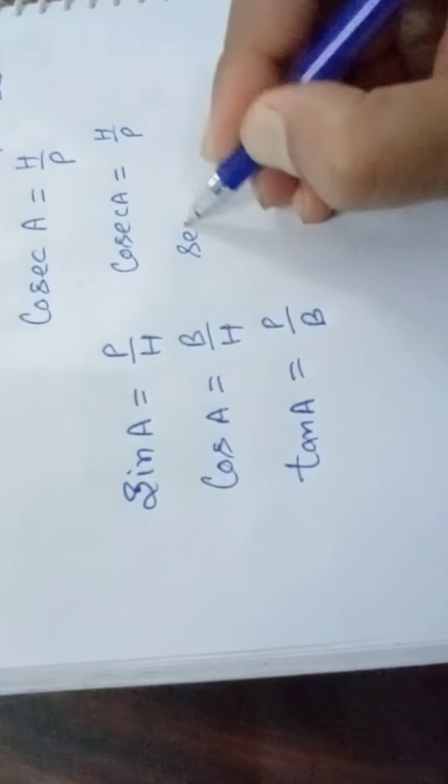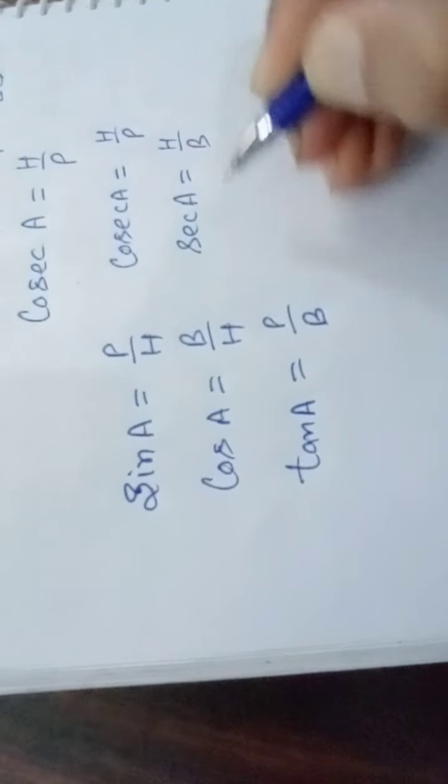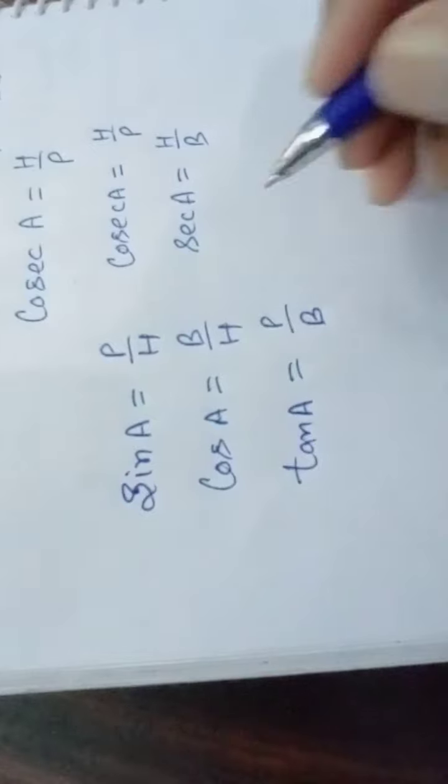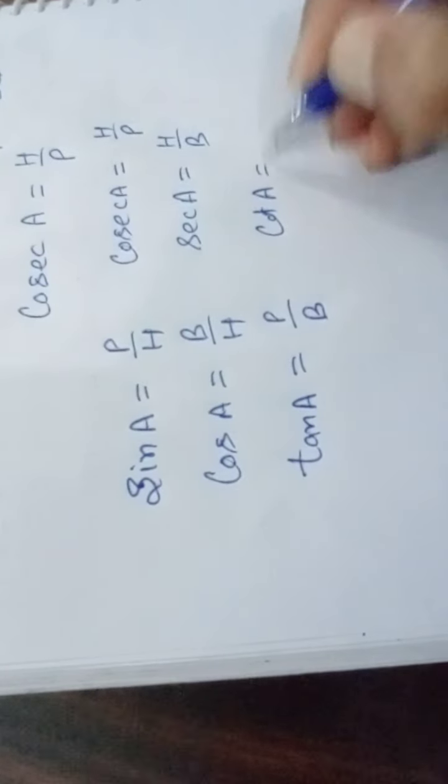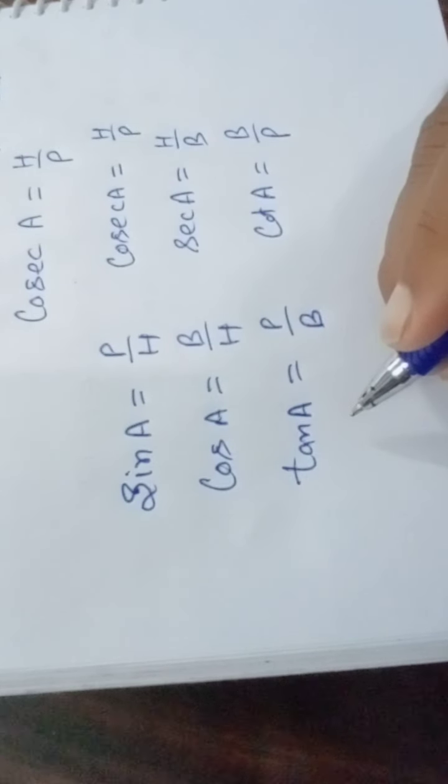And sec A is what? H by B, it is reciprocal of cos A. And cot A is equal to B by P, it is reciprocal of tan A.